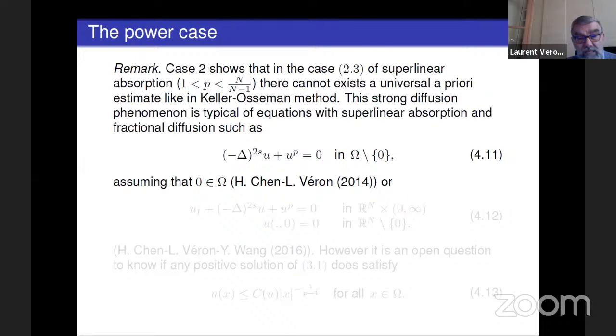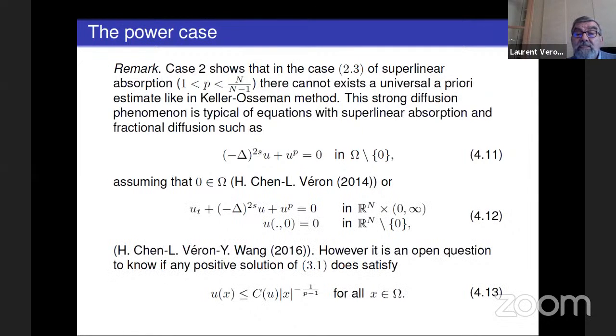So it is for small values of s that this happens. And this is also something that we pointed out with Huyuan Chen and Ying Wang concerning this equation. So there is a very strong difference between the case where this is a pure Laplacian type and the fractional Laplacian type, or a non-local operator. You cannot have a Keller-Osserman type estimate.